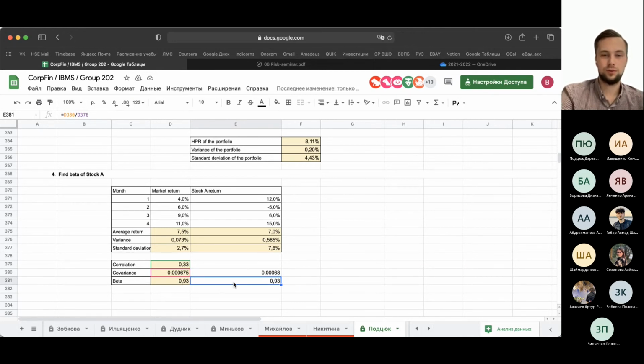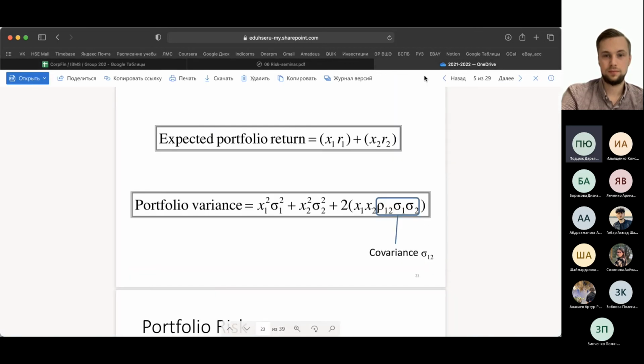So Daria, what is shown by beta? That would be the last question for today's seminar. So what have we calculated? If I'm not mistaken, it's the change of stock price for each 1%, something like this.